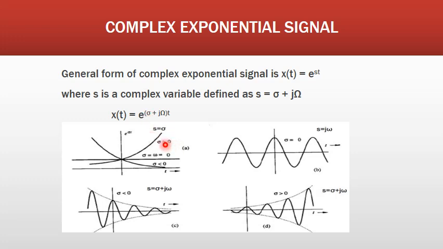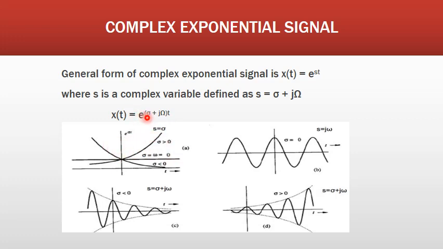If sigma is greater than 0, the signal is growing exponential signal, and if sigma is less than 0, the signal is decaying exponential signal. So, for case 2, we get two types of exponential signal, growing and decaying exponential signals.